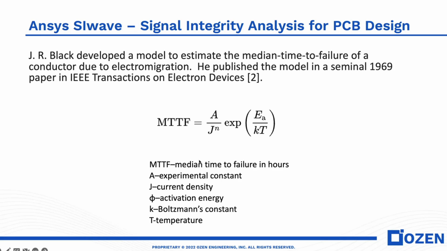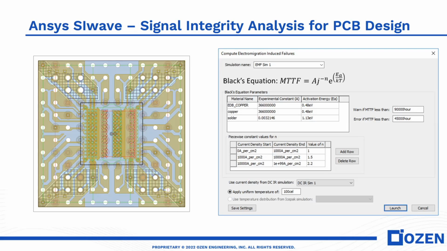This is mean time to failure in hours. This is, as you see, electromigration calculation due to current density. This is not taking into account all the temperature and stress gradients. It's just taking into account the current density, but it's a lot quicker simulation.